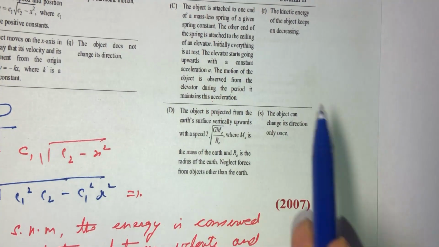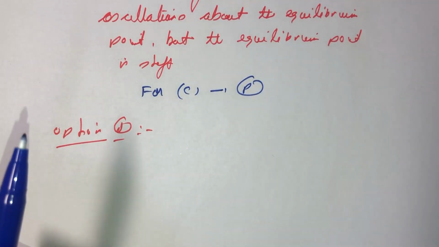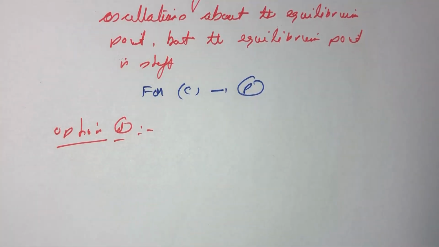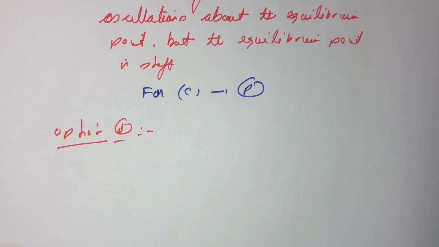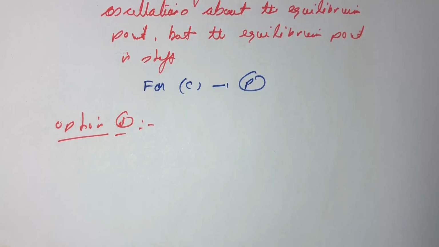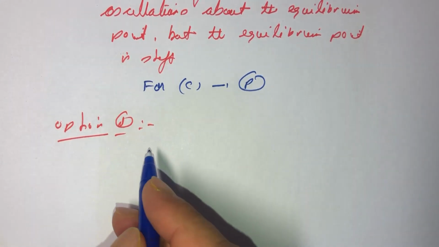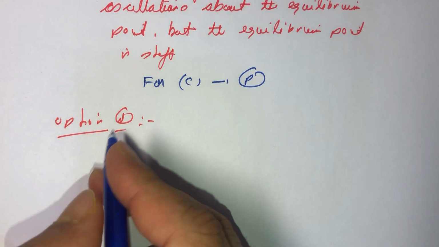So we are going to find out what is going to happen. So this speed with which it is projected is nothing but the escape velocity.